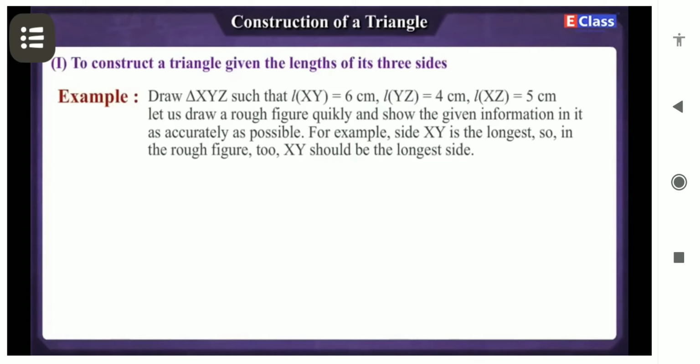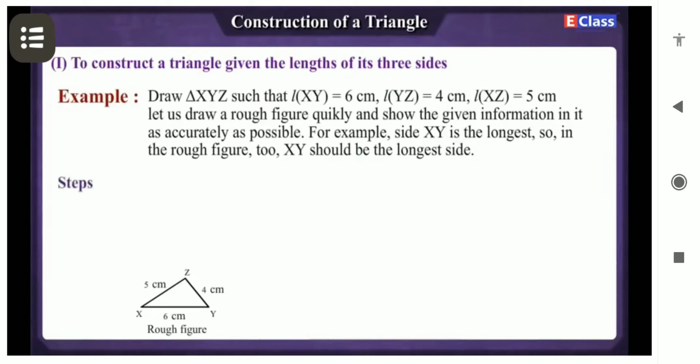Let us draw a rough figure quickly and show the given information in it as accurately as possible. For example, side XY is the longest. So, in the rough figure, XY should be the longest side.